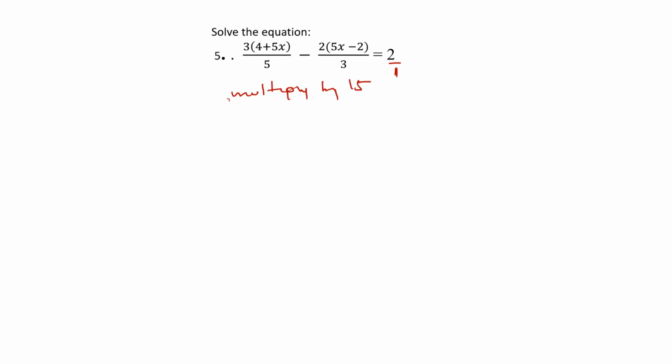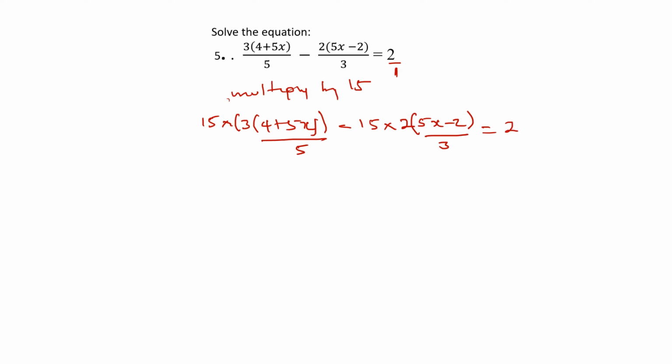So we're going to have here 15 multiplied by 3 in bracket 4 plus 5x all over 5, minus 15 multiplied by 2 in bracket 5x minus 2 all over 3 equals 2 over 1 multiplied by 15 again.